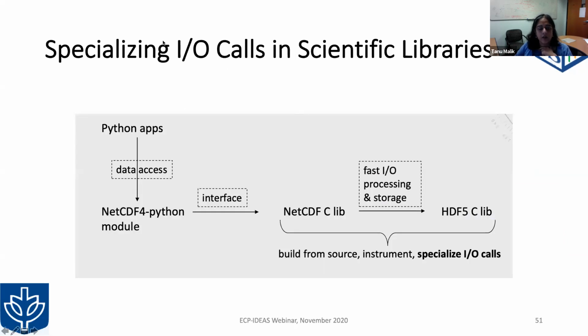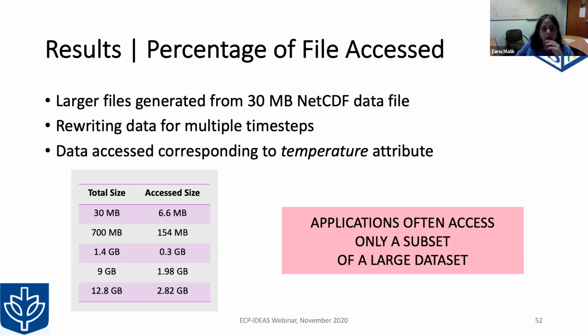So we are specifically looking at how this can be helpful for specializing the IO calls in scientific libraries. Some of the scientific libraries, such as NetCDF and HDF5, have a lot of data, but only a few variables that are accessed by an application. So here, for instance, we had a larger file, which was about 30 MB, and the application was only accessing the temperature attribute.